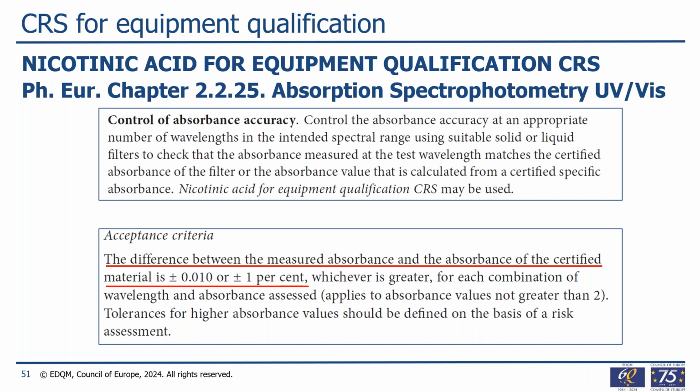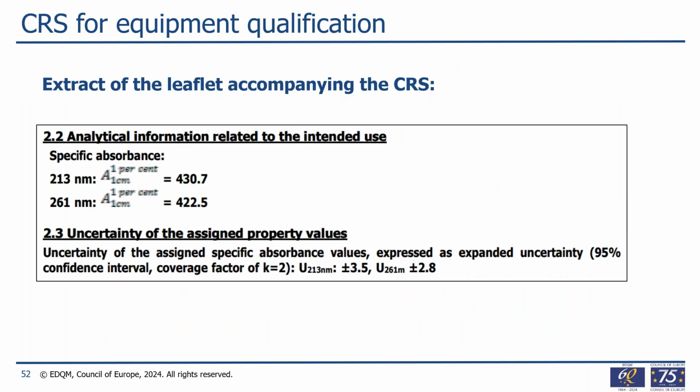And the criteria given refer to the certified absorbance of the CRS, and these you can find in the leaflet. So values are given for 2 wavelengths, as well as the uncertainty, as it is a good practice for reference materials. However, these are not necessarily required for the use because, as I said before, you simply compare to the limits given in the general chapter.